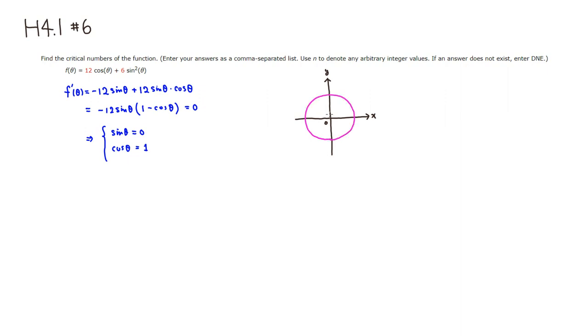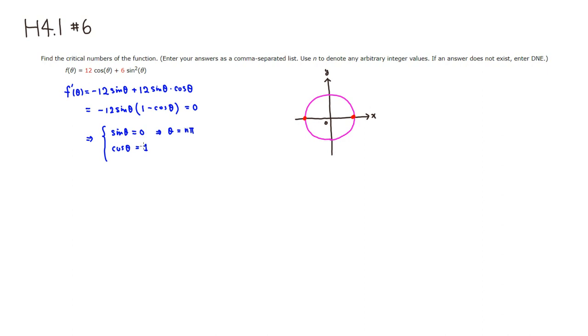The sine represents the y-coordinate, so we want the y-coordinate to be 0, which means that we're talking about this point and that point. You can start from angle 0, and you have angle pi, 2 pi, 3 pi. So maybe I'll write it this way: theta is going to be any integer multiple of pi.